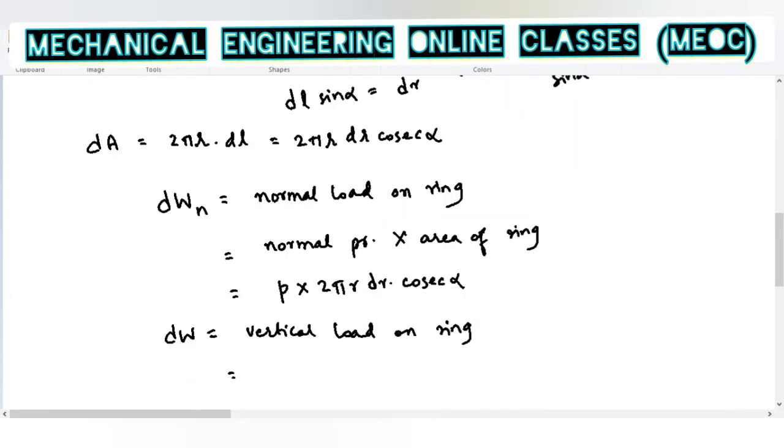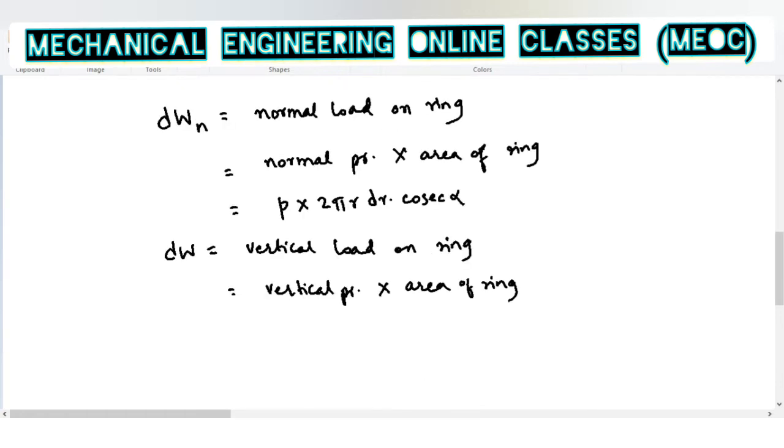So dW is the vertical pressure, P sin alpha, multiplied by the area of the ring, 2 pi r dr cosecant alpha. I can cancel out both cosecant alpha and sin alpha, so I will be left with 2 pi r P dr. So this is dW.